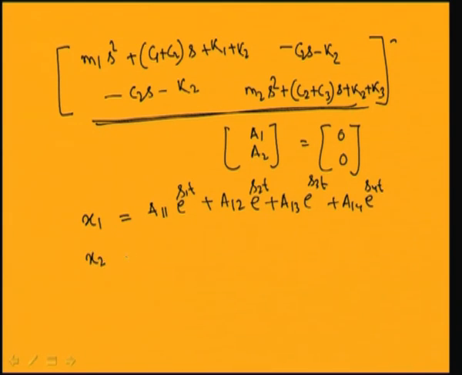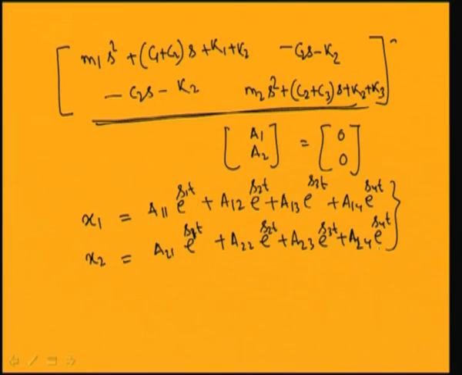Similarly, you can write x2 equal to a21 e to the power s1t plus a22 e to the power s2t plus a23 e to the power s3t and plus a24 e to the power s4t.